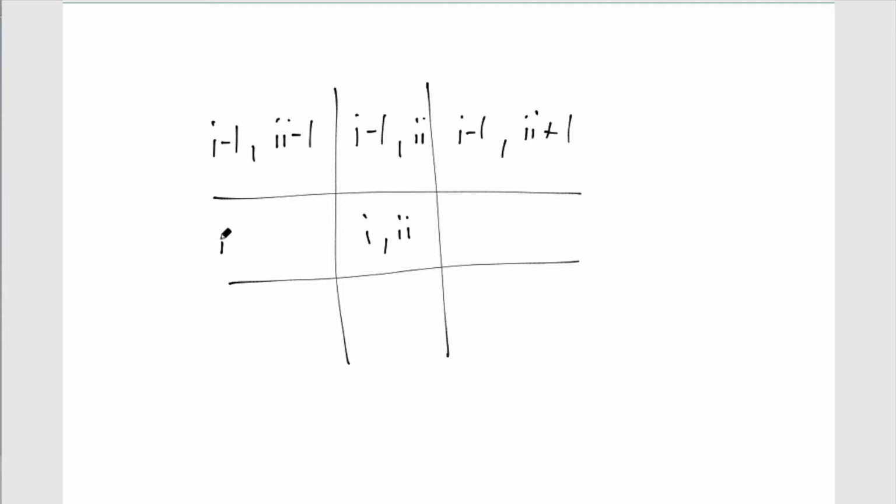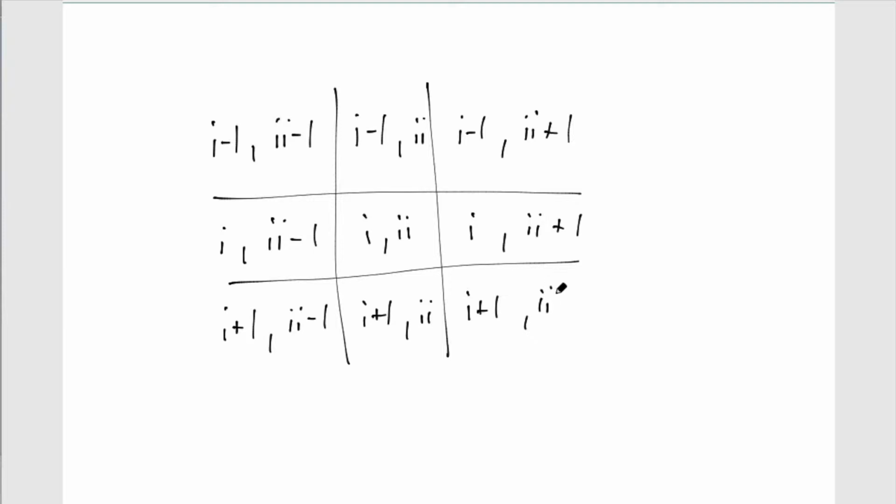Likewise, here we have i and ii minus 1. Here we have i and ii plus 1. And finally, here we have i plus 1 and ii minus 1. Here we have i plus 1 and ii. And here we have i plus 1 and ii plus 1. So these are the coordinates, given this pair of coordinates.